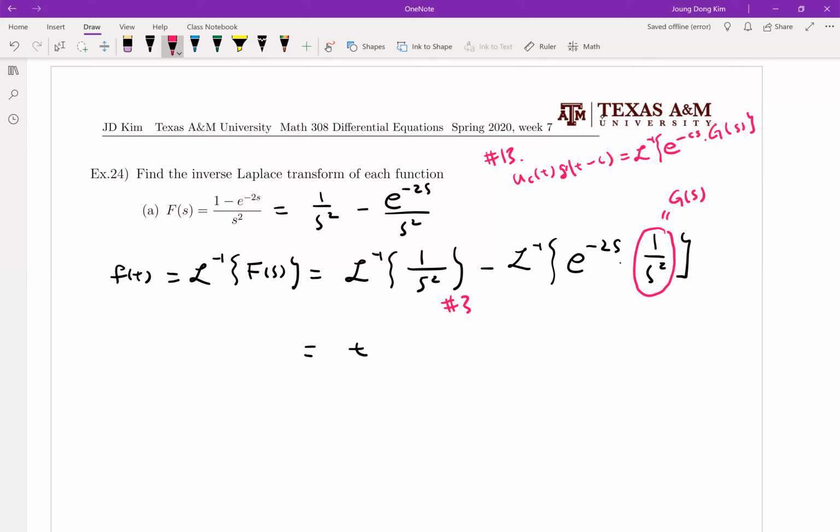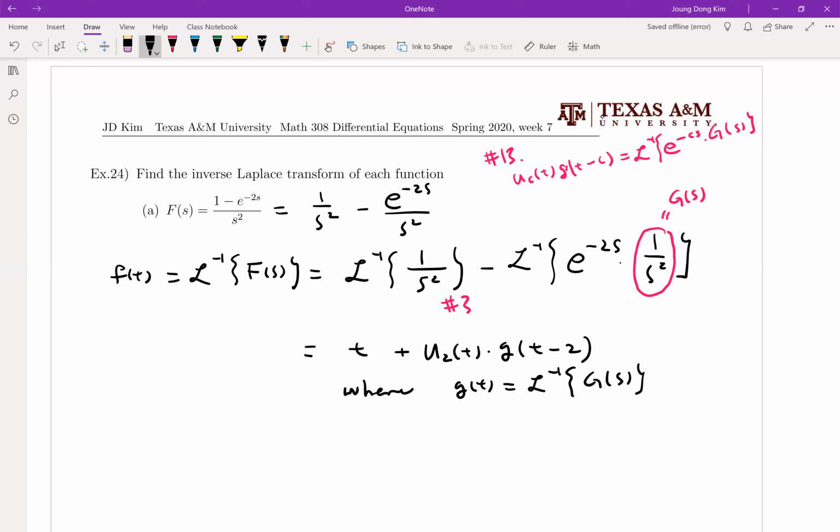By number 13, this e to the minus 2s times 1 over s squared form, I mean the inverse Laplace transform of this guy is definitely u2(t) and g of t minus 2, okay? Where your g of t is inverse Laplace transform of your G of s. Does it make sense? Okay.